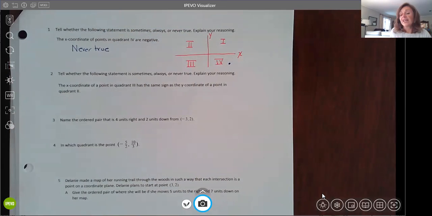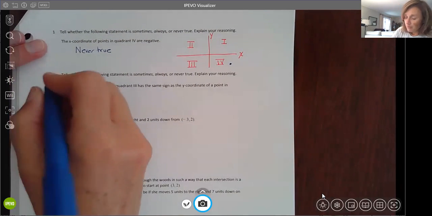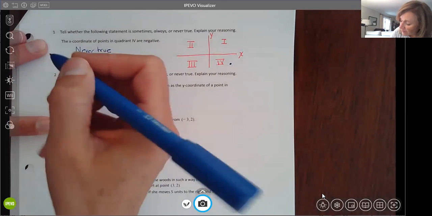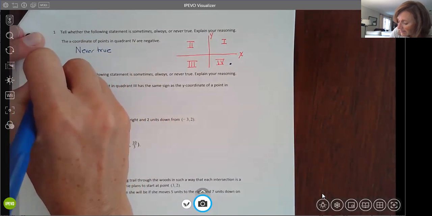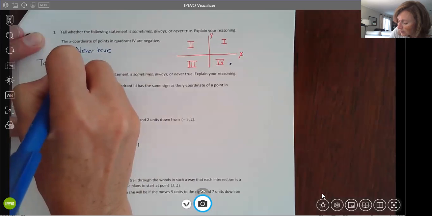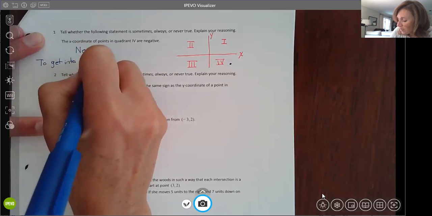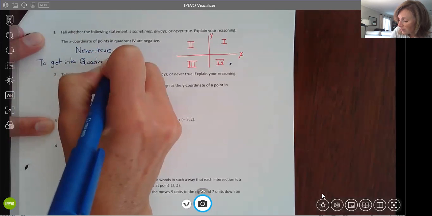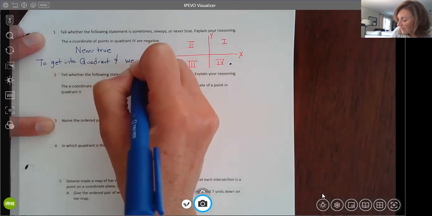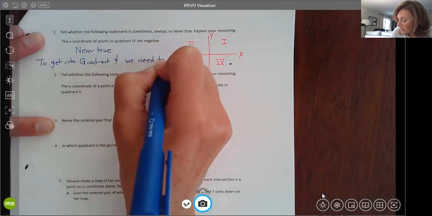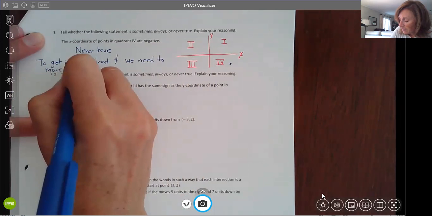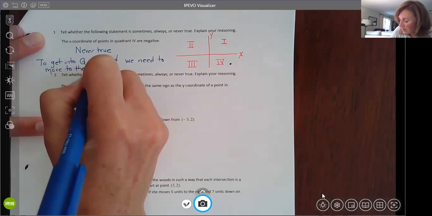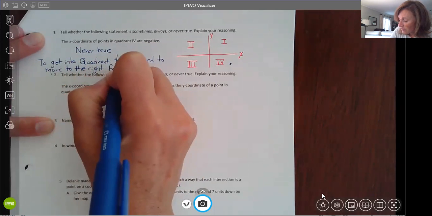Right? To get to quadrant 4, we have to go to the right on the xy plane, and that produces positive x values. To get into quadrant 4, we need to move to the right from the origin.